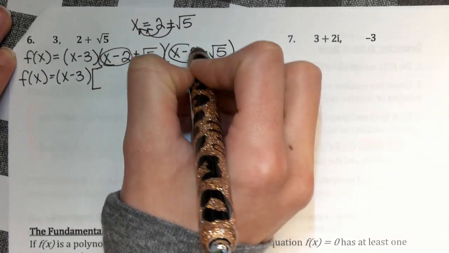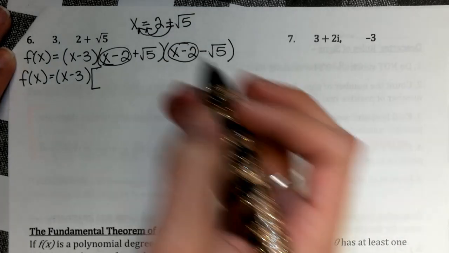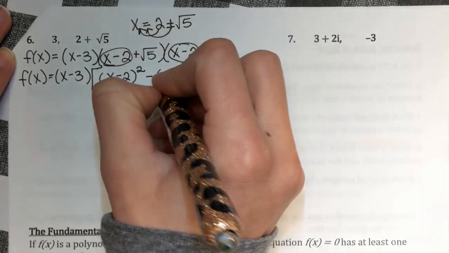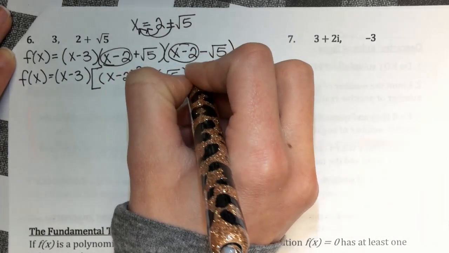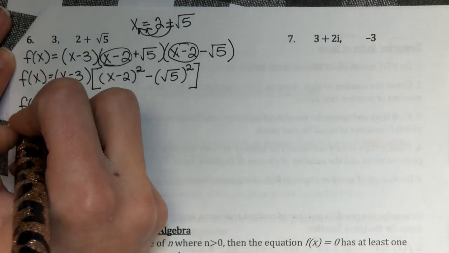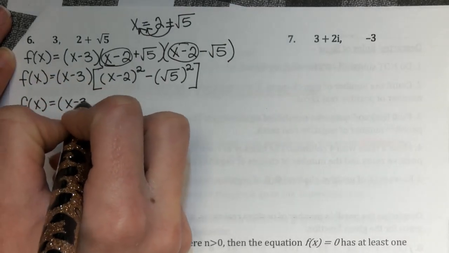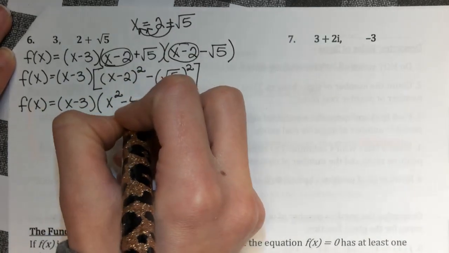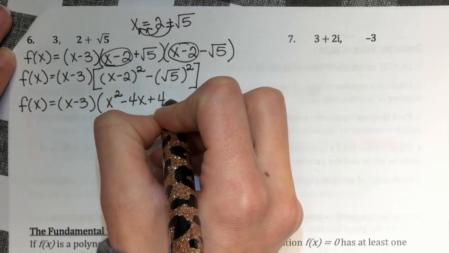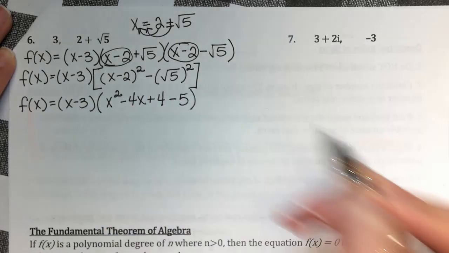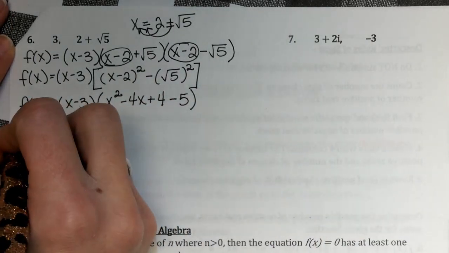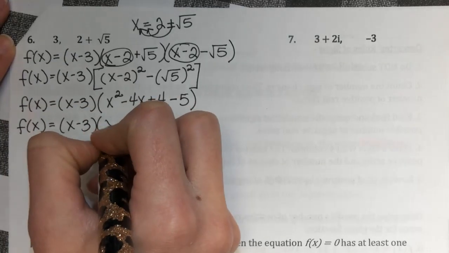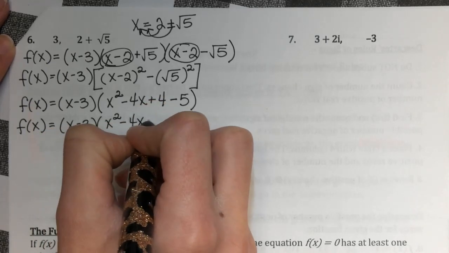So remember that we used that conjugate concept, x minus 2 squared minus square root of 5 squared. So x minus 2 squared is x squared minus 4x plus 4. Then you have minus 5. So I have x minus 3 times x squared minus 4x minus 1.